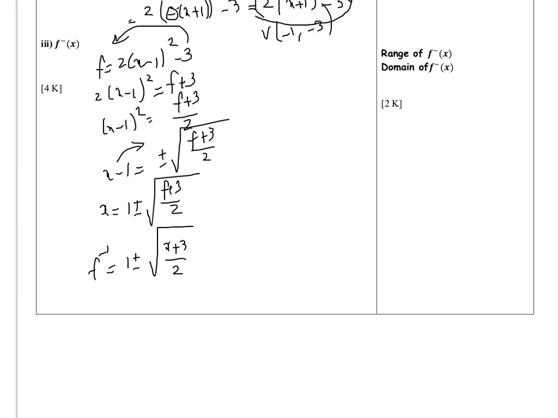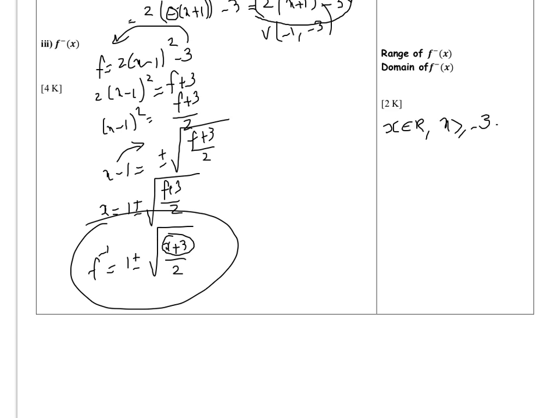The next part of the question is to find the range and the domain of f⁻¹(x). If you look at f⁻¹(x), which is found here, as long as this value is going to give you a positive value, f⁻¹ is defined. So we can say that the domain is x in R, and x has to be greater than or equal to -3.